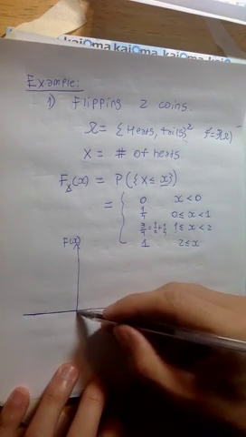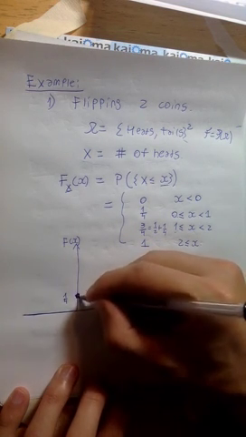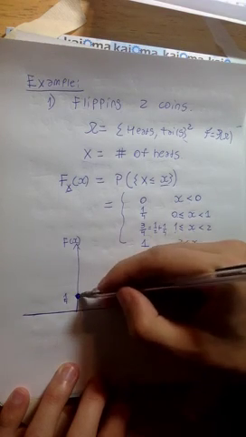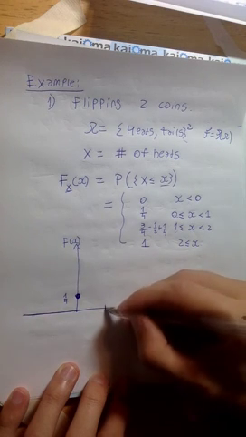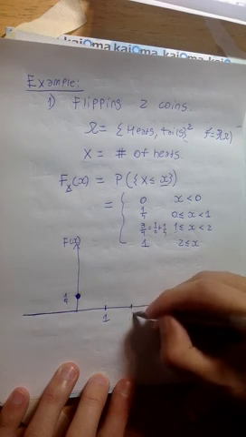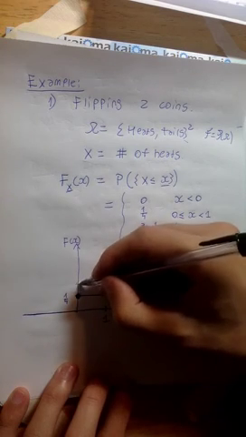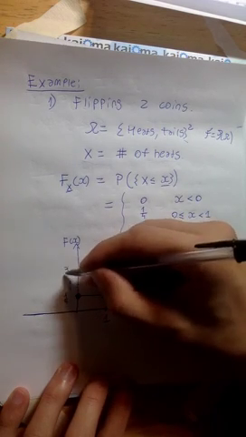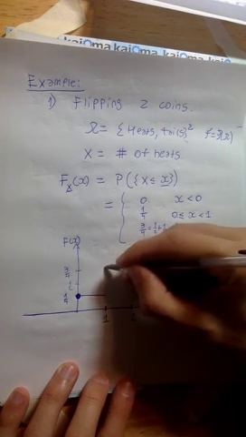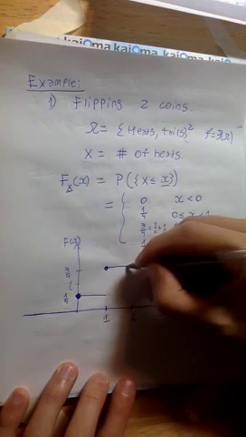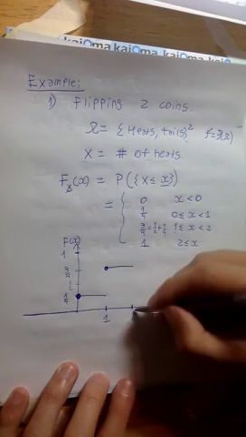For x equal to 0, this function jumps to 1/4. From 0 to 1, you have the value 1/4. Then we have another break at 1, and from 1 to 2 you get the value 3/4, and then from 2 onwards you get the value 1.